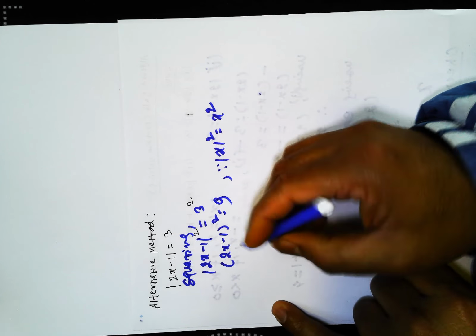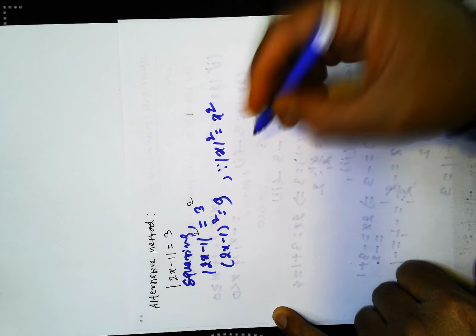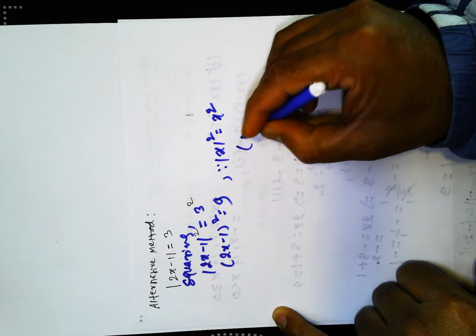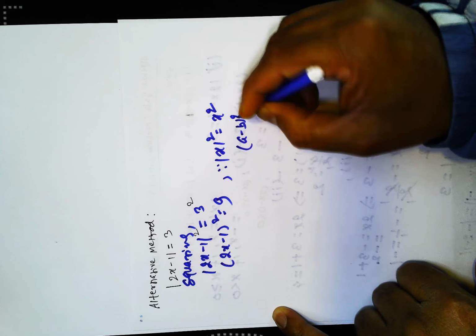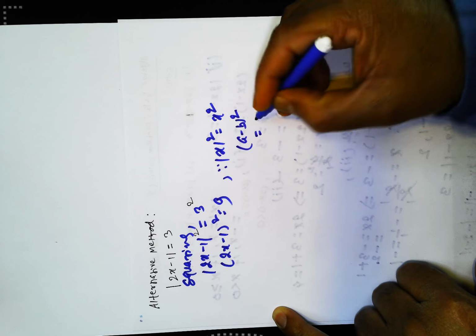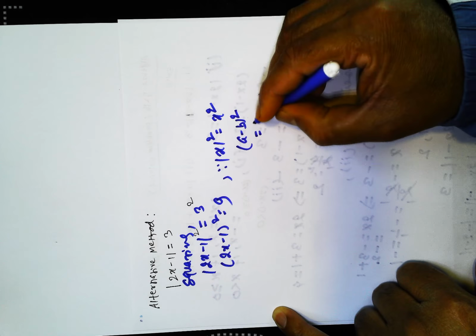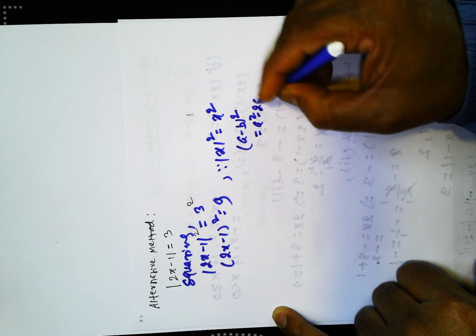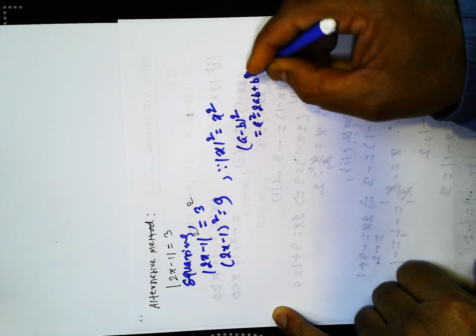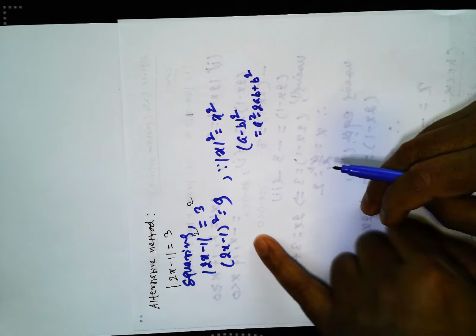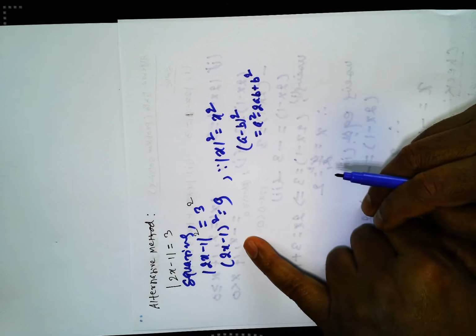Now this is the turn to expand it. If you expand this, then you can use the formula like I'm writing here, a minus b whole square equals to, all of you are familiar with this formula. So this is a square minus 2ab plus b square. We suppose 2x as a and 1 as b.